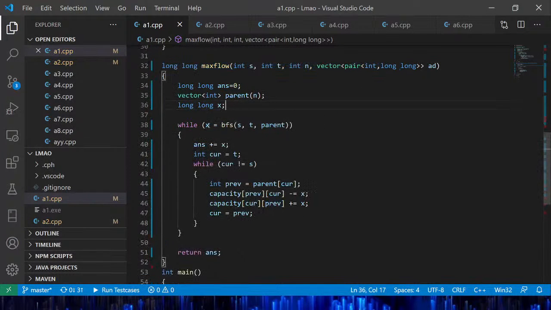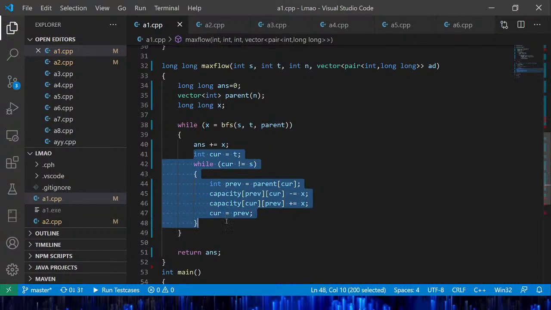Here we do x is equal to BFS of S, T. We run BFS until x is equal to 0, right? When x is equal to 0 it means we cannot increase our flow by any amount. This is the new flow that we are getting. So we increase answer plus equal to x, and we change the capacities at each edge that we require.